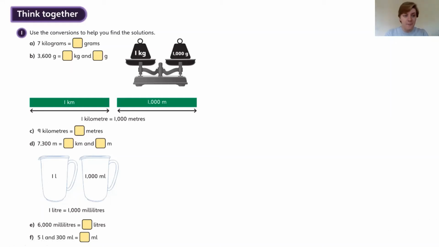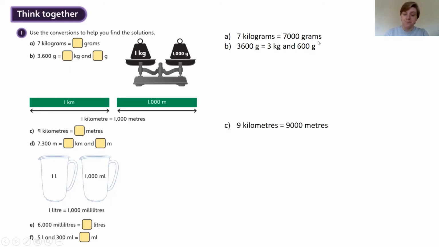Okay, answers. 7 kilograms will be 7,000 grams. 3,600 grams, well, I can take 3,000 grams out of there, and I know that will be 3 kilograms. And that leaves me with 600 grams left. 9 kilometres will be 9,000 metres.